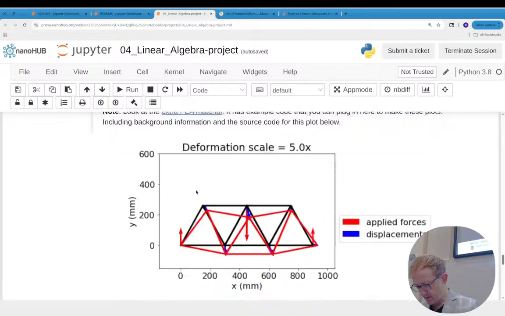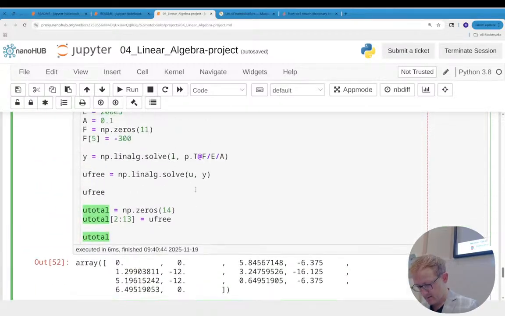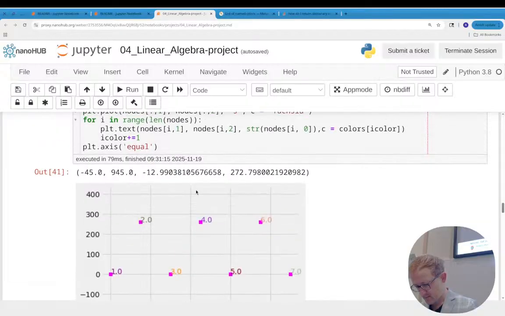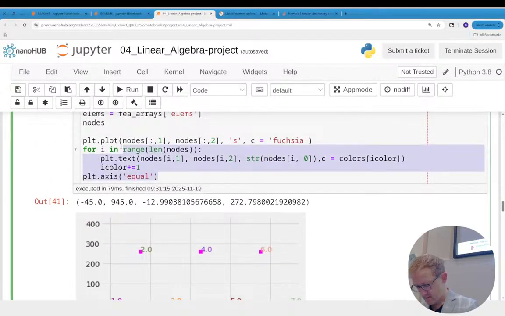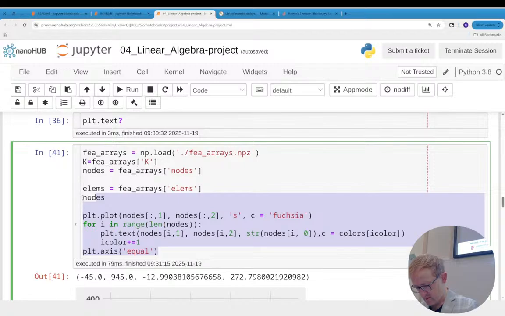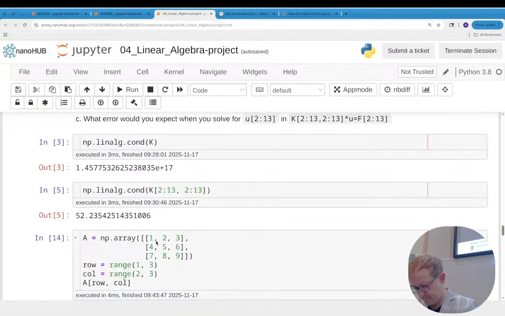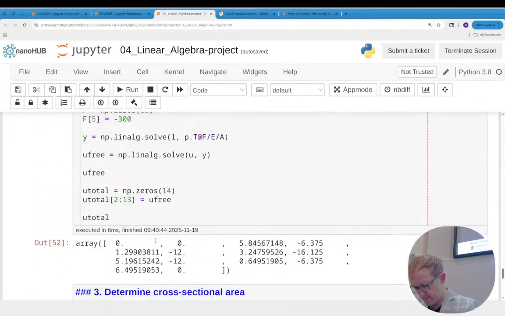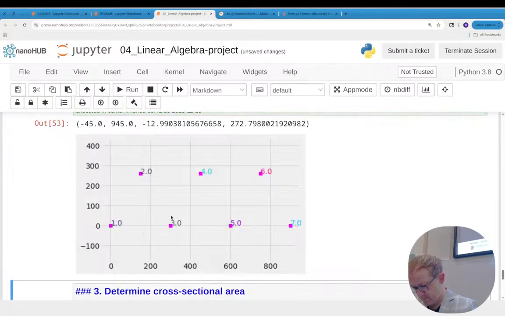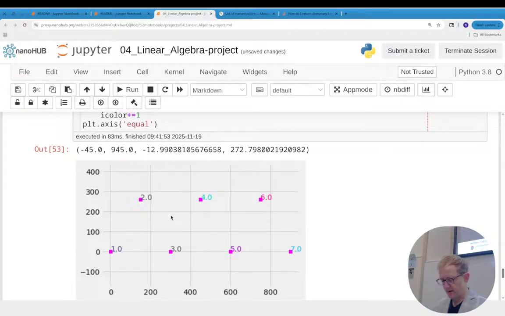We were just taking a look at where those nodes were to begin with.